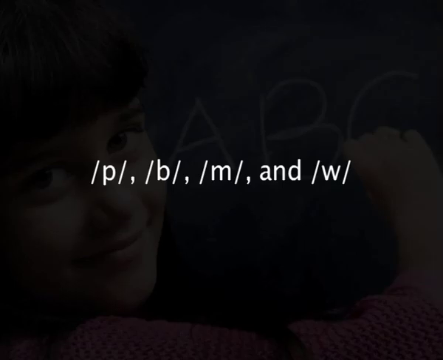Because there are 2 lips involved, these kinds of sounds are called bilabial consonants. There are 4 bilabial consonants in English. They are p, b, m and v.